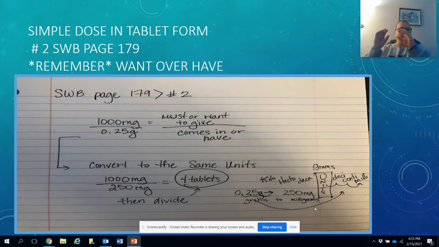So we need to change the grams to milligrams. To change grams to milligrams, we look at King Henry died drinking chocolate milk, and we move our decimal 3 places to the right. So now we have 250 milligrams. So now we can go ahead and divide it out, and that equals 4 tablets. So that's how much the animal would get.